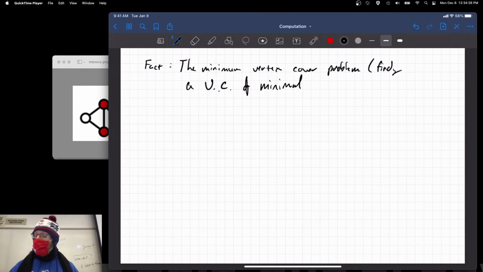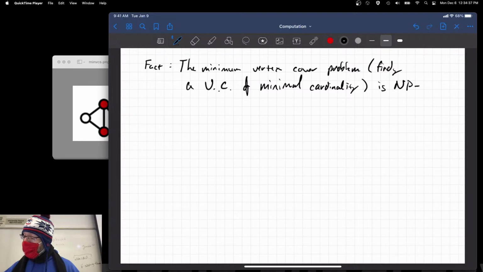There could be many. You just need to find one of minimal cardinality. Is NP complete.